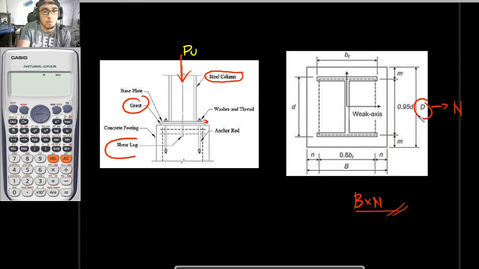Pero, ayan, B by N by T. So, this is the only thing that we would be computing for the base plate. Okay, so sa mga hindi ko students dito, kung under kayo kay Ma'am Suba or kay Sir Kanjao, I don't know if napag-usapan nyo na to. But if so, review nyo na lang to.